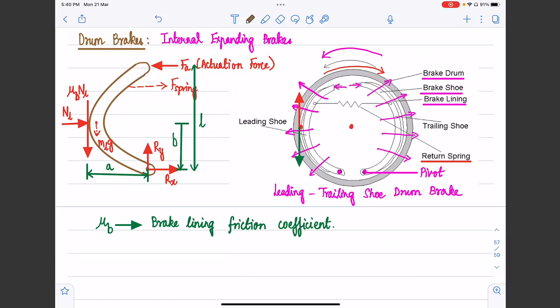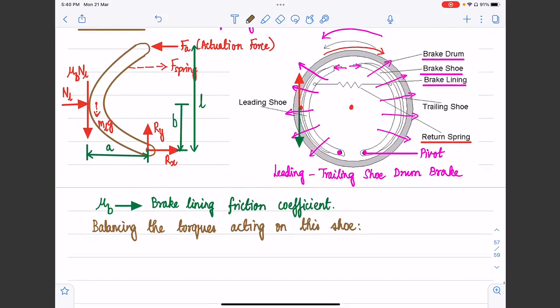So balancing the torques acting on the shoe, what do we get? Let's do that. We are going to write down the equation of motion about the pivot.